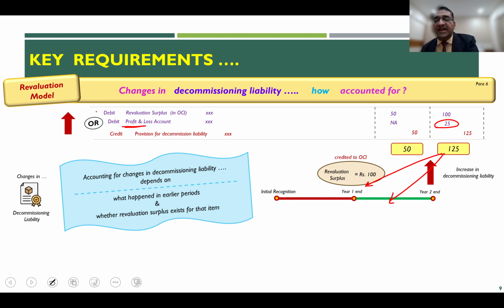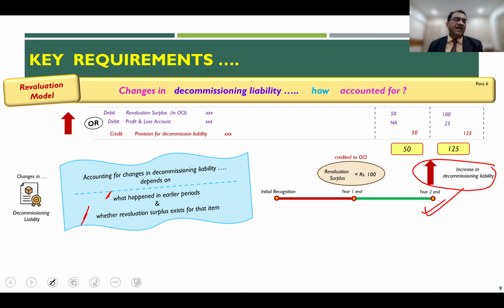So therefore, the debit will be either to revaluation surplus or to the P&L, depending upon what happened in the prior period and whether revaluation surplus exists on this date or not. So this was the case when there is an increase in the decommissioning liability.